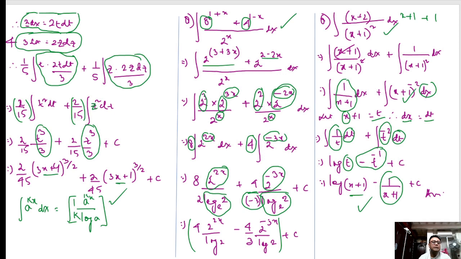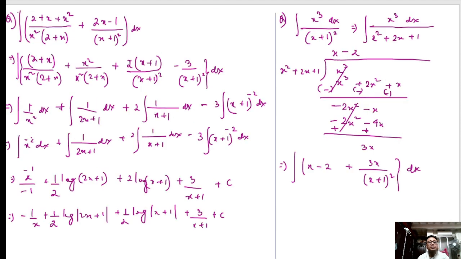Next, friends, let's see. So this is the sum. 2 plus x square by this plus 2x minus 1 by x plus 1 whole square. So what we have done is, please watch here, we have taken this part separately by this, and this part separately by this.